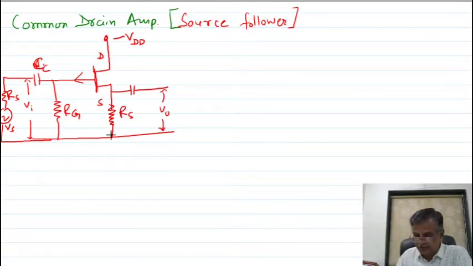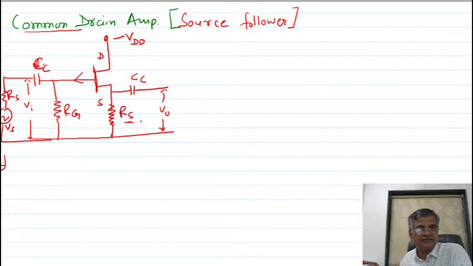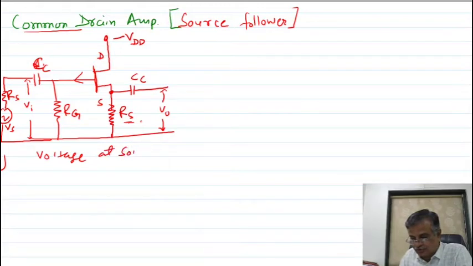Already I told you, remember, in a common drain amplifier you are taking the output voltage from the resistor connected in the source lead of the transistor. Now look here. Let us see the properties of this circuit. What are the properties or characteristics of this circuit? First property: the voltage at the source always follows the input voltage.